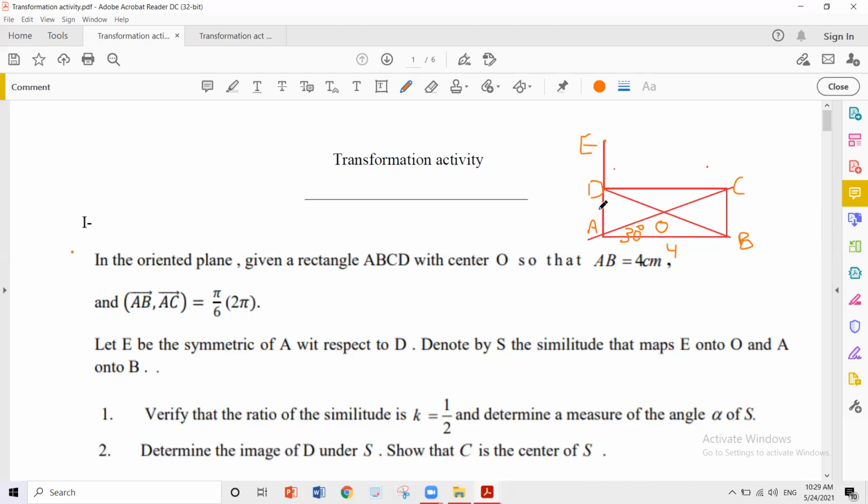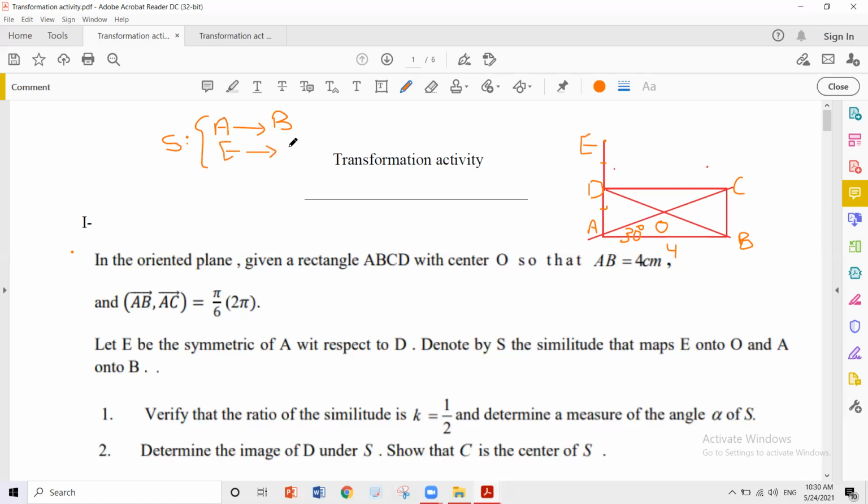Let E be the symmetric of A with respect to D. Denote by S a direct plane similitude that transforms A onto B and E onto O.